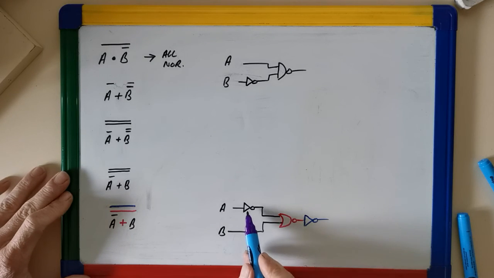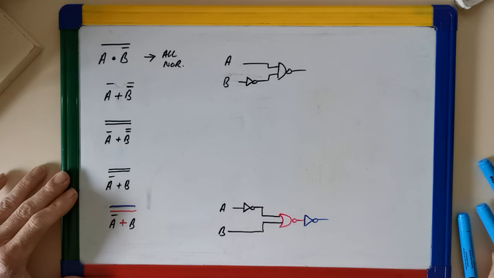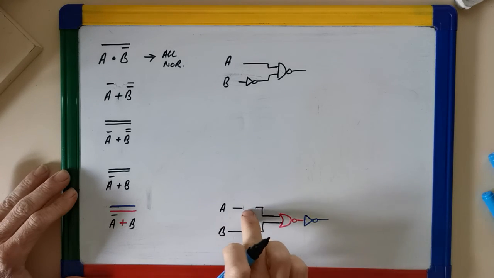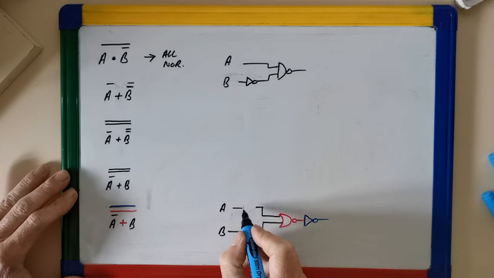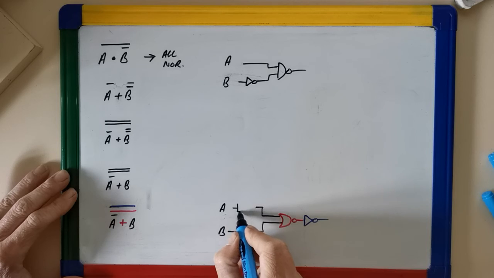And remember, we can actually make those two inverters using NOR gates themselves. So we could, it looks the same on the Boolean expression, whether you create it using a real inverter, or whether you create it using a NOR gate or a NAND gate wired up as an inverter.